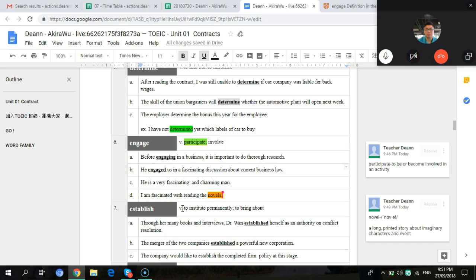So first, let's have letter A. Before engaging in a business, it is important to do thorough research. So before you participate or involve yourself in a business, you need to do research. Next, he engaged us in a fascinating discussion about current business law.